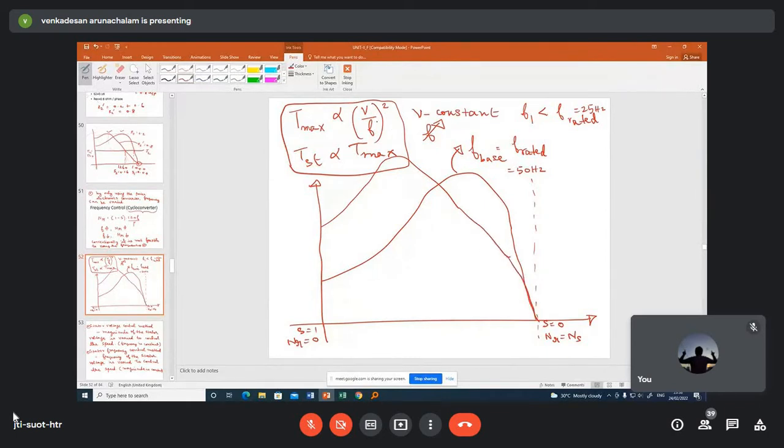Here you are reducing the frequency and keeping V constant, so the maximum torque will increase because frequency is in the denominator. So you will get the maximum torque point here. This is for the frequency F2.